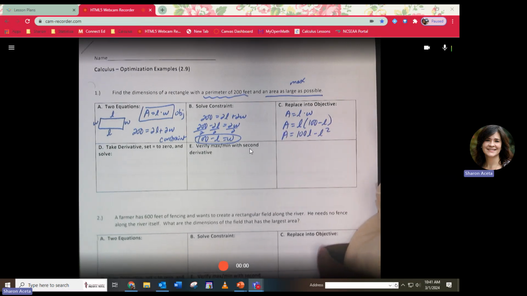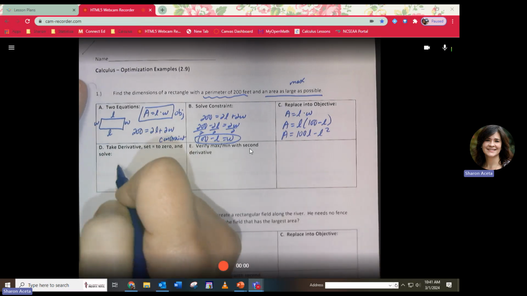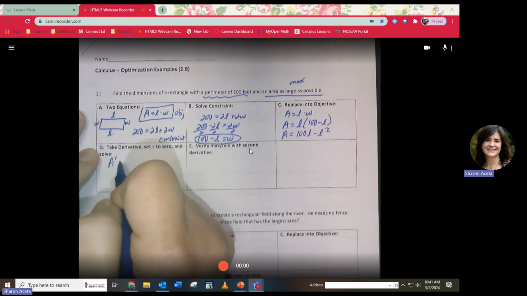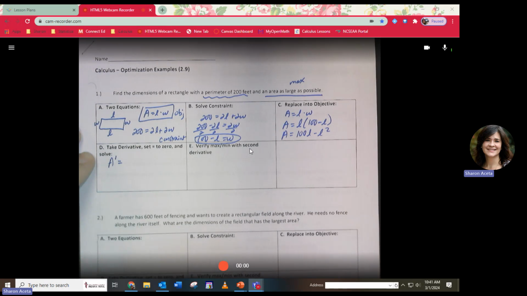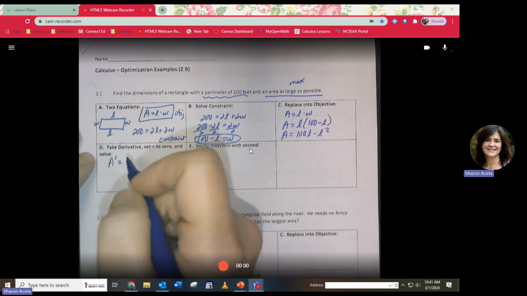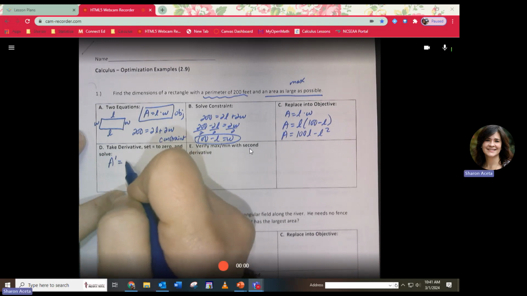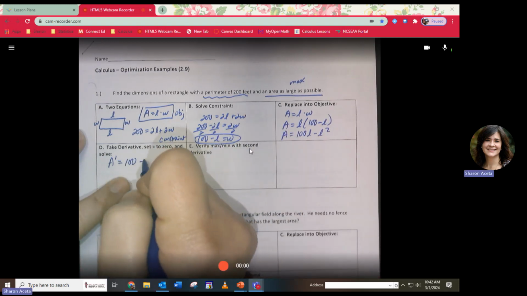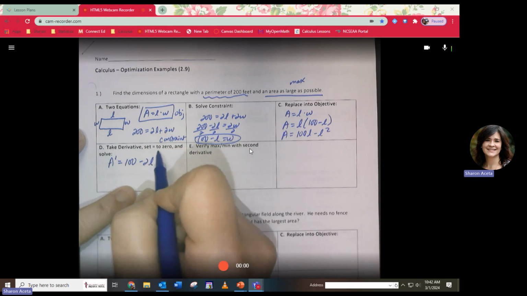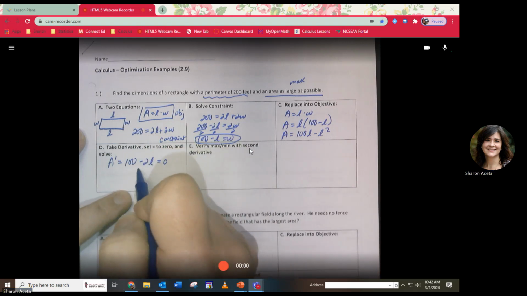Then just like anything involving max and mins, we're going to have to take a derivative. We're taking the derivative of A, not with respect to time, just with respect to whatever variable we have, in this case length. So that would be 100, and the derivative of L squared is 2L. You set it equal to 0 and solve.